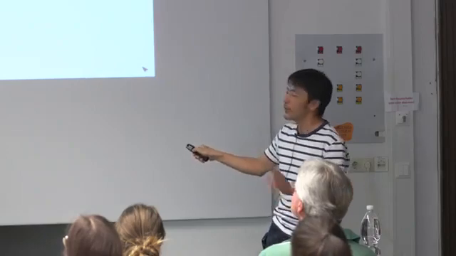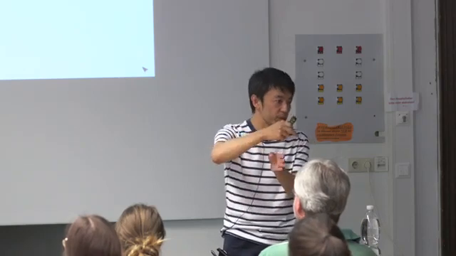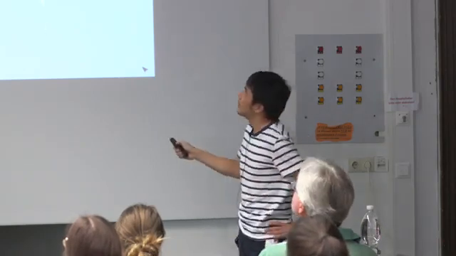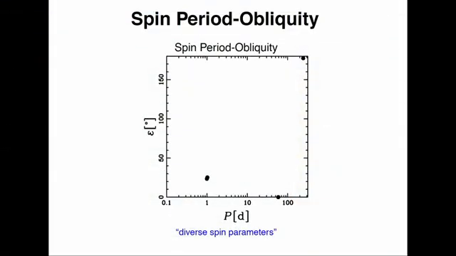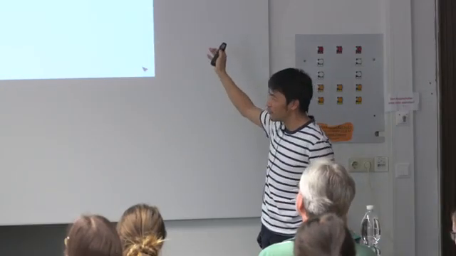They have prograde spin, where prograde means the spin direction is the same as the orbit direction. But Venus has retrograde spin, and the period is larger than 200 days, so it's almost not spinning. From this figure, it's a bit difficult to say the probabilities quantitatively, but at least we can say it's very diverse.